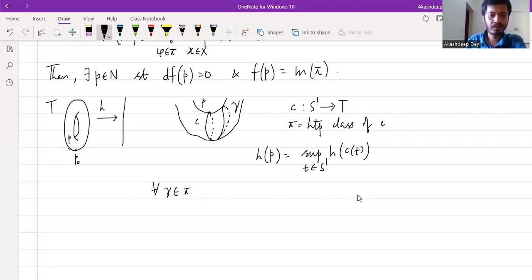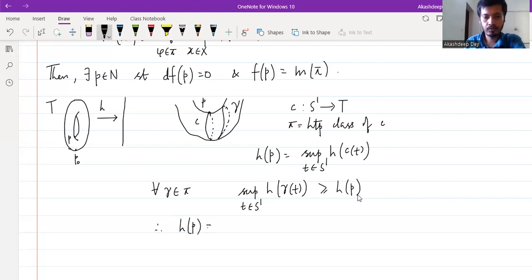For any curve gamma in this homotopy class, we can see from this picture that there exists a point on this curve gamma whose height is more than the height of P, that is, sup H(gamma(t)), t in S1, is greater than or equal to H(P). Therefore, we can say that H(P) is the inf of this sup.